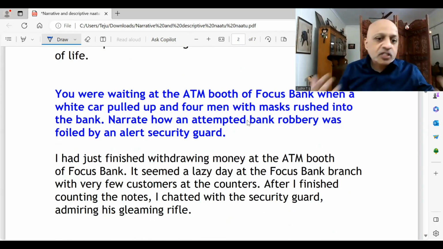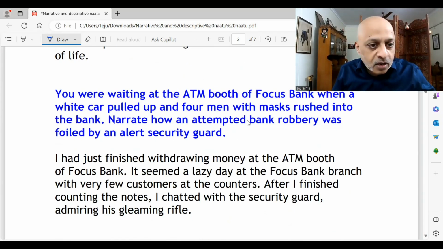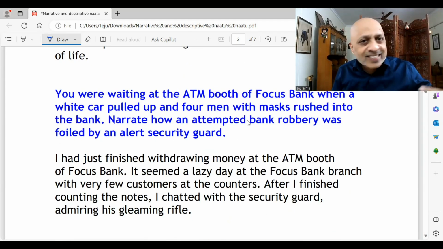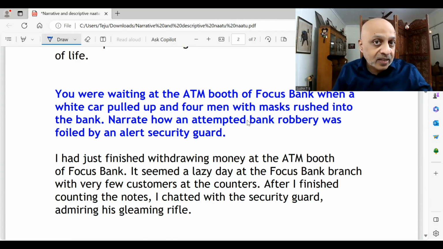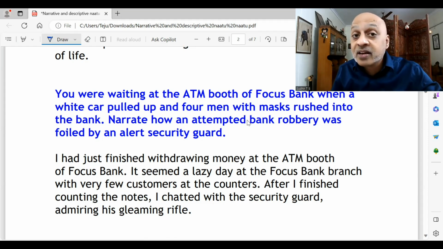Now, I had just finished withdrawing money at the ATM booth of Focus Bank. It seemed a lazy day at the Focus Bank branch, so I'm setting it up with very few customers at the counters. After I finished counting the notes, I chatted with the security guard, admiring his gleaming rifle.